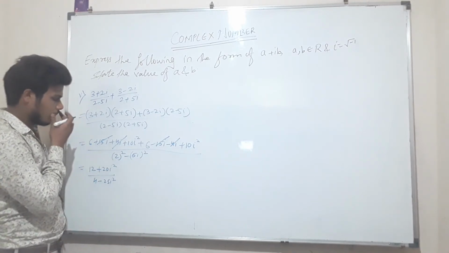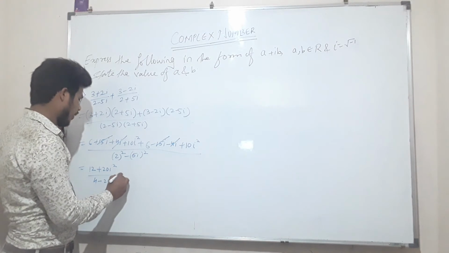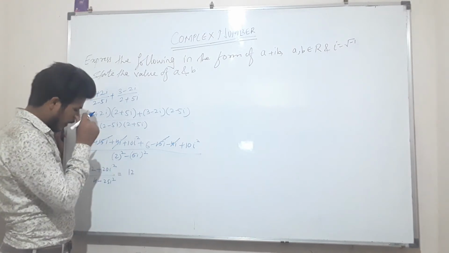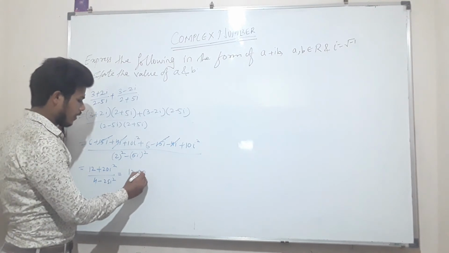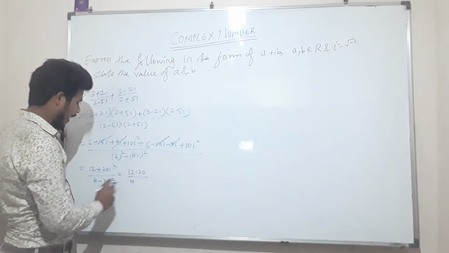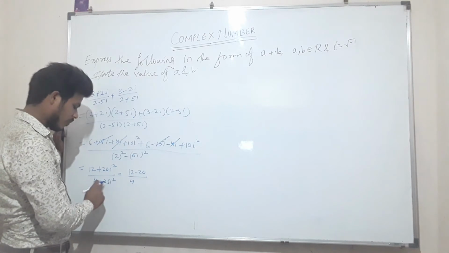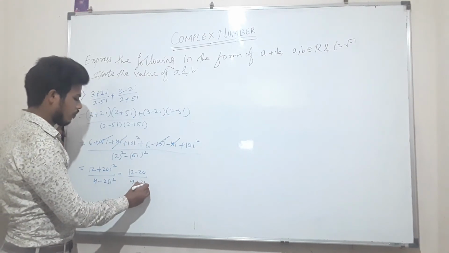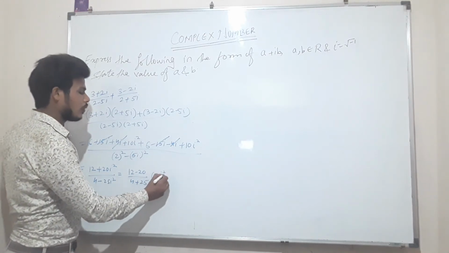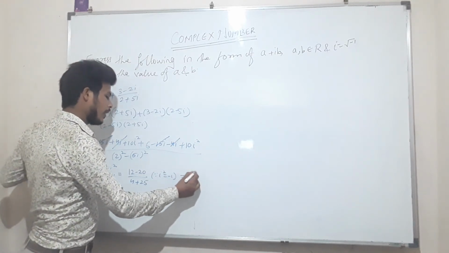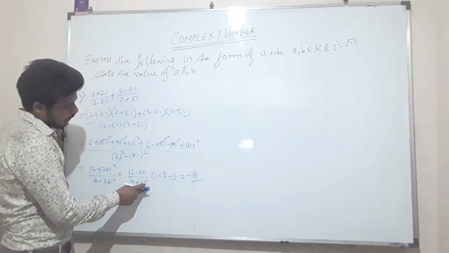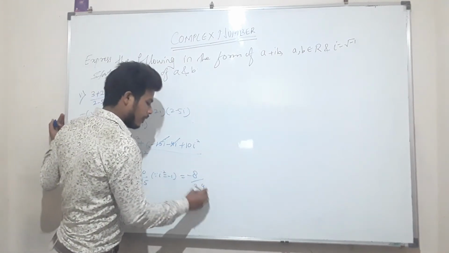Now we will take the value of i square as minus 1, so 12 minus 20, and i square is minus 1, so minus minus plus, so 4 plus 25. So 12 minus 20 is minus 8, and 25 plus 4 is 29.